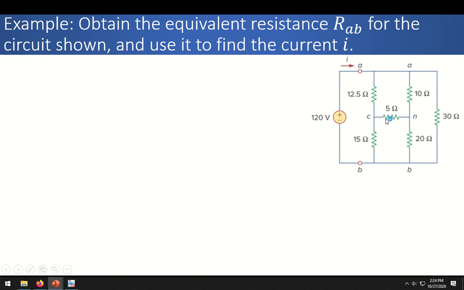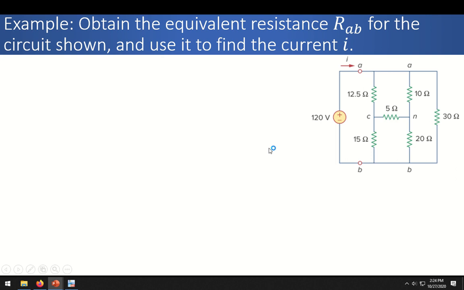Similarly, this is another delta network from node C to N to A. Similarly, we have a Y network, that is A, N, B and C. That Y network consists of 5, 10 and 20 ohm resistances. Similarly, there is another Y network that consists of 12.5, 5 and 15 ohm resistances. And also we have another delta network that consists of 10, 30 and 20 ohm resistances.